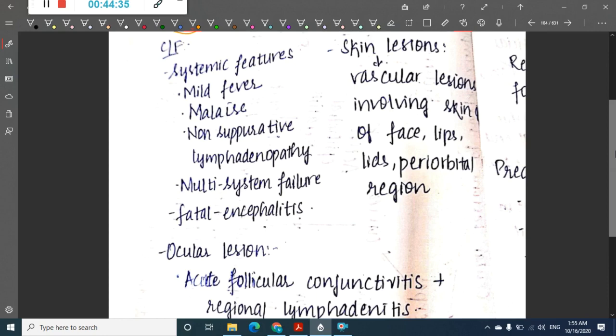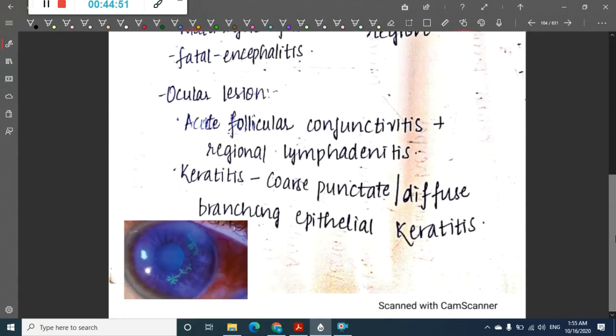All those signs that the herpes simplex normal infection can cause will be there, like systemic signs and skin lesions. But what we are concerned here is about the ocular lesions. So I am just dealing with the ocular lesions.